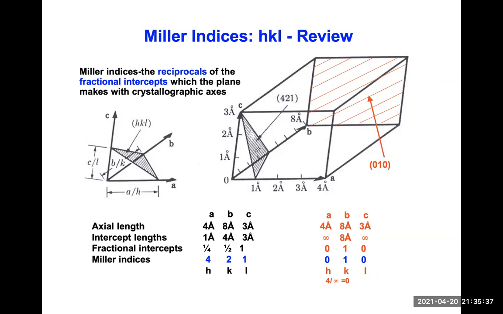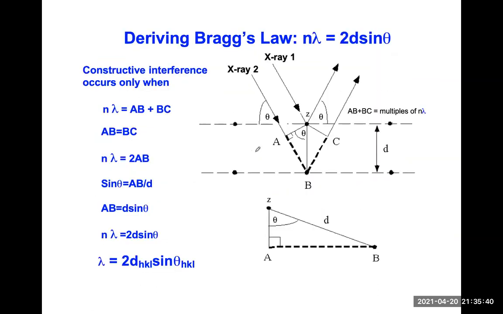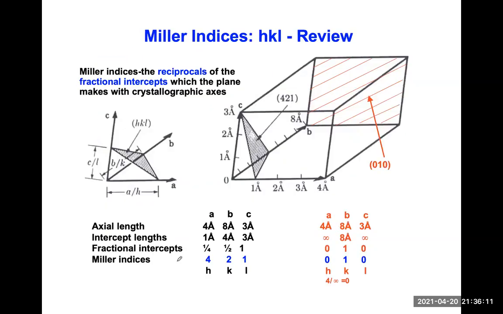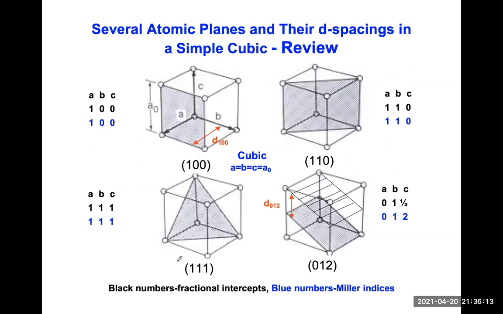So the spacing between successive planes of orientation given by the Miller indices HKL and the angle associated, there's a particular angle at which there is constructive interference associated with diffraction from those planes of scatterers for the given wavelength. Here's some pictures.